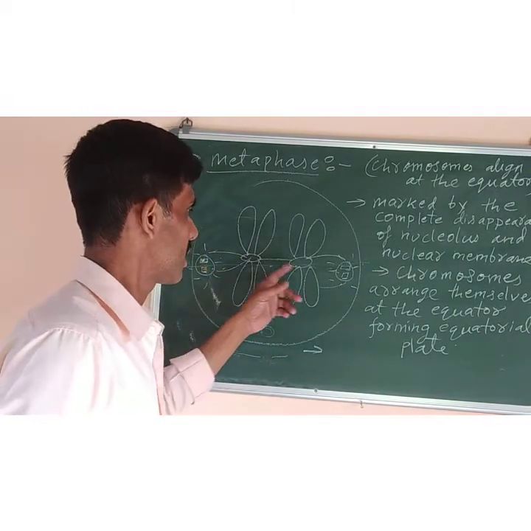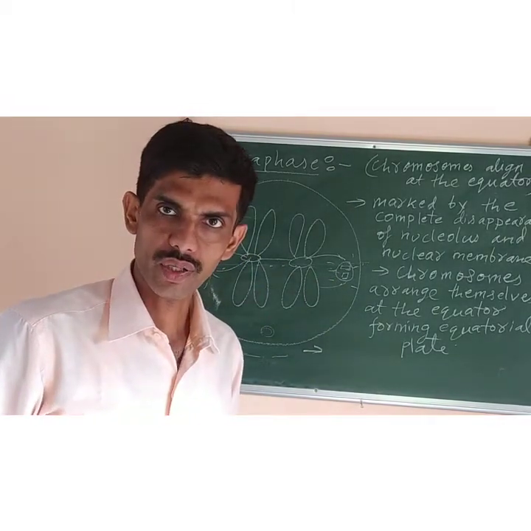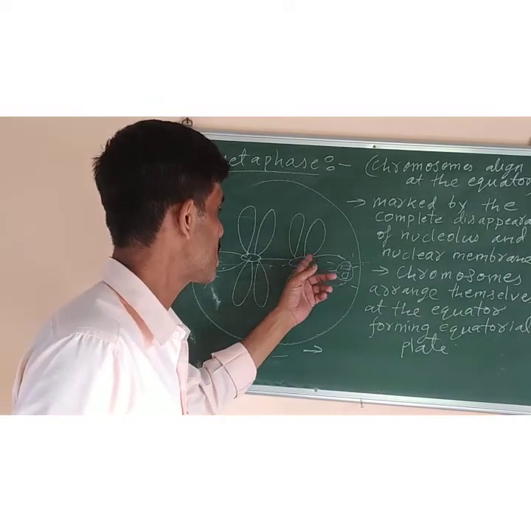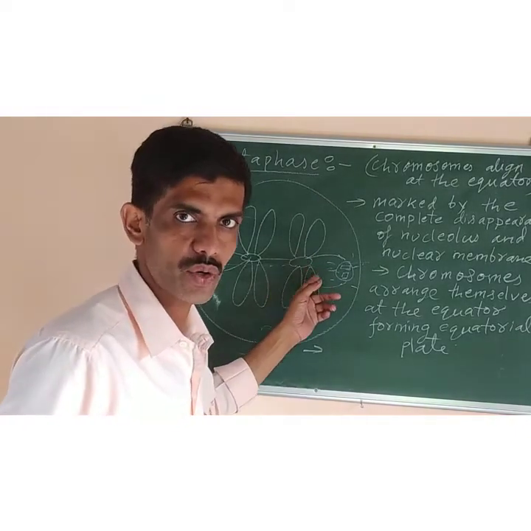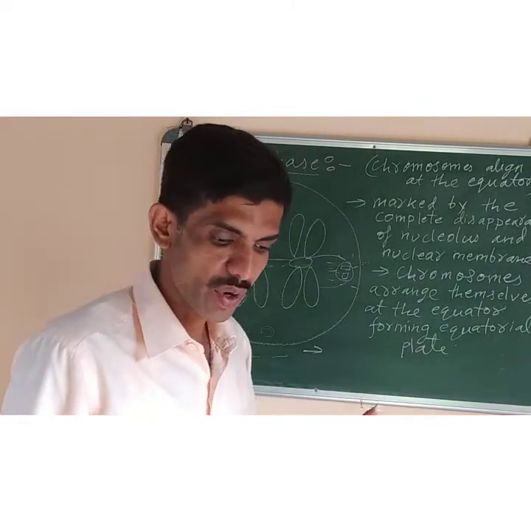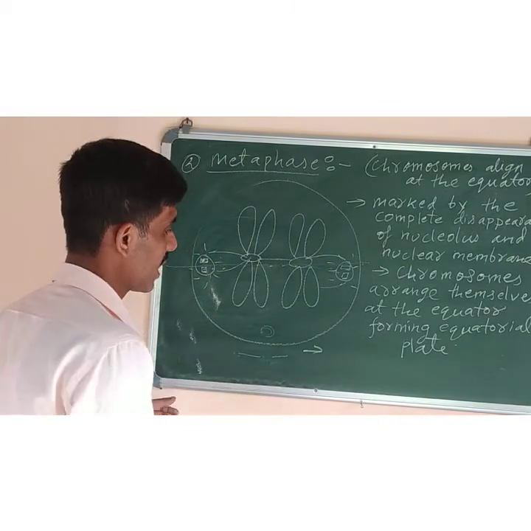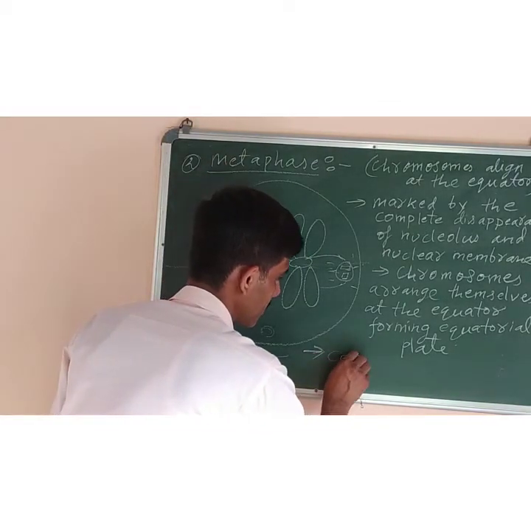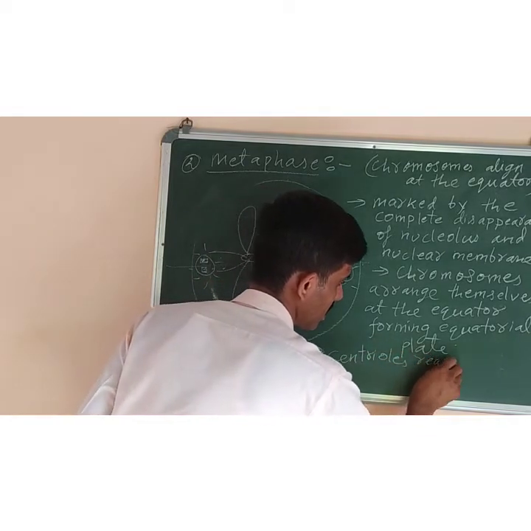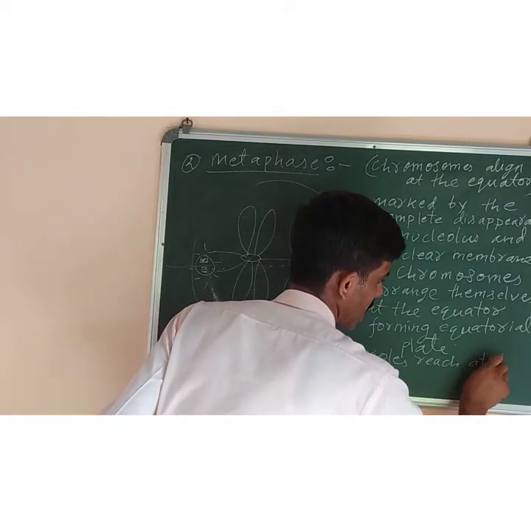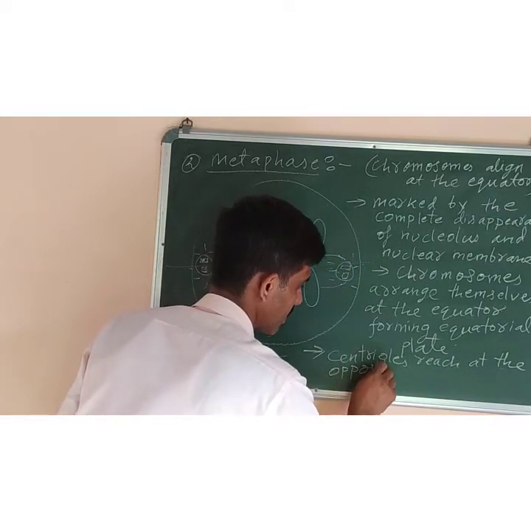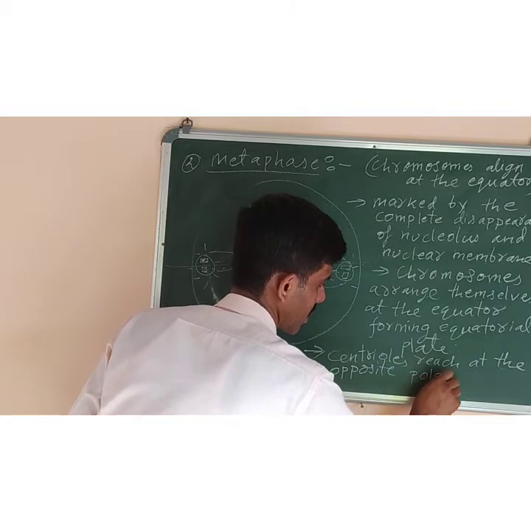Yes, we can say that the centrioles have already reached towards the poles, and they help in the formation of spindle fibers which are attached to the centromere. So the third characteristic of metaphase stage: centrioles reach the opposite poles. Now any more?